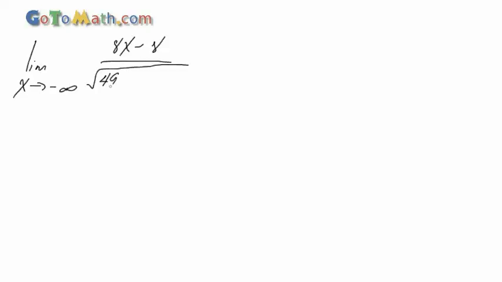Write this thing out. So we have the limit as x approaches negative infinity of 8x minus 8 over the square root of 49x squared minus 10x plus 1.